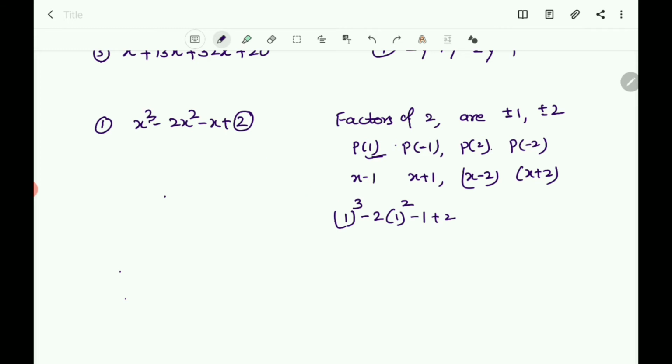You know that 1 cube is 1, minus 2 into 1, minus 1 plus 2, that is 1 minus 2 minus 1 plus 2. Here 1 and minus 1 cancel, minus 2 and plus 2 cancel, you will get 0. Then p of 1 is okay. If p of 1 is equal to 0, this means x minus 1 becomes a factor here.